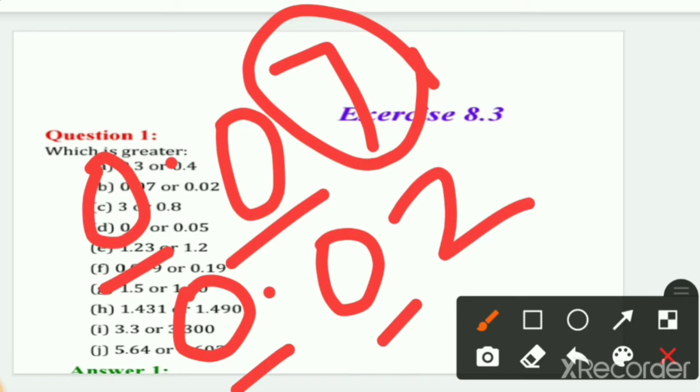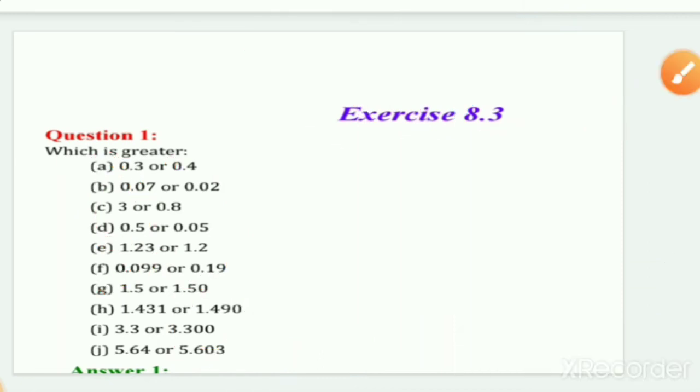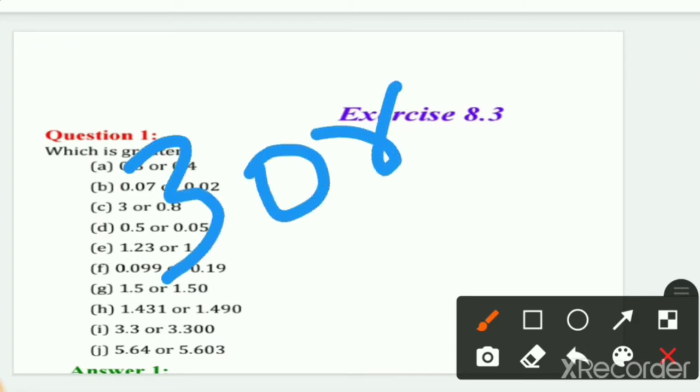Yes, this is the hundredths place, and this is also the hundredths place. So this is 2 and this is 7. Which number is greater? This 7 is greater, so 0.07 is greater than 0.02.